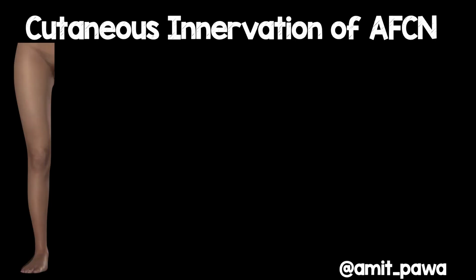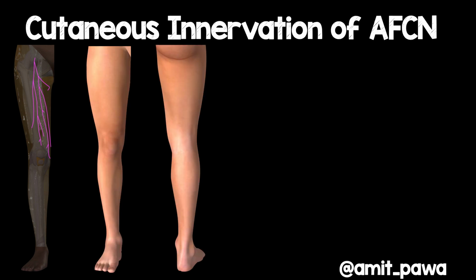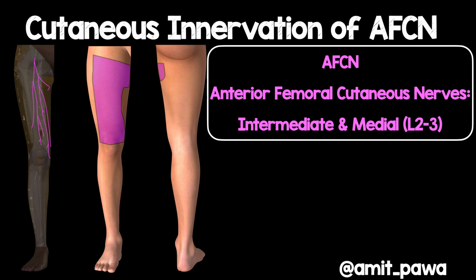Let's take a closer look at the cutaneous innervation that is provided by the anterior femoral cutaneous nerves. So if I draw on over here, this is the appearance of where the anterior femoral cutaneous nerve branches lie, and they're associated with this dermatomal coverage. Now, the anterior femoral cutaneous nerve has two main branches, the intermediate and the medial branches.